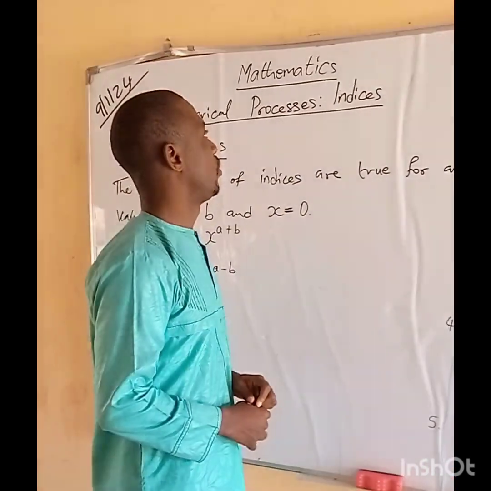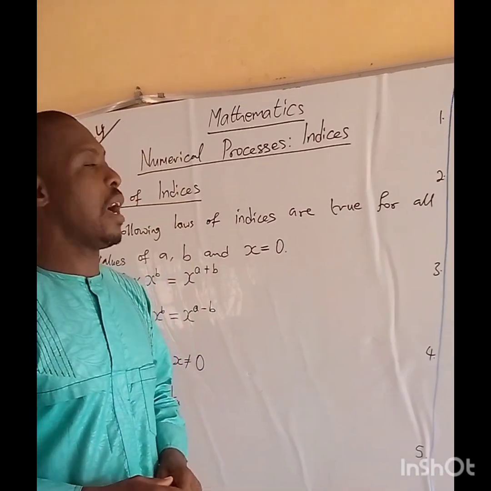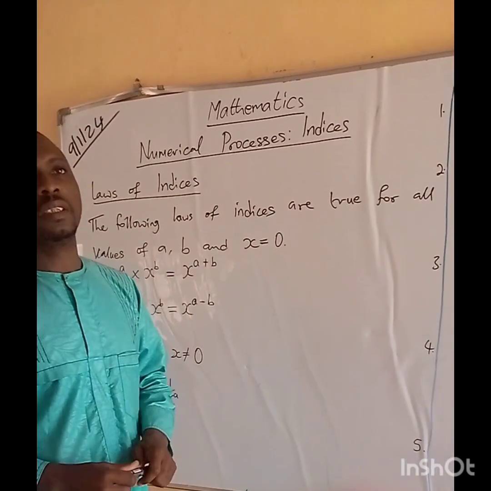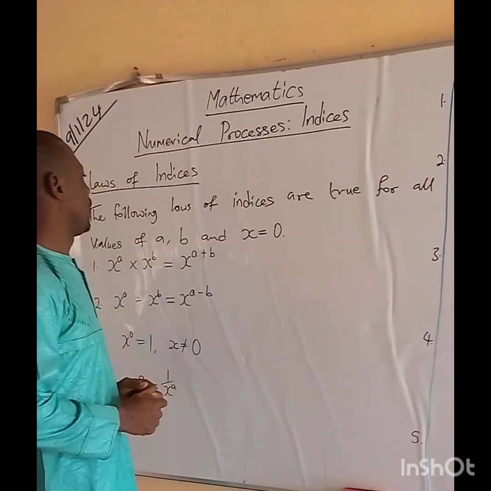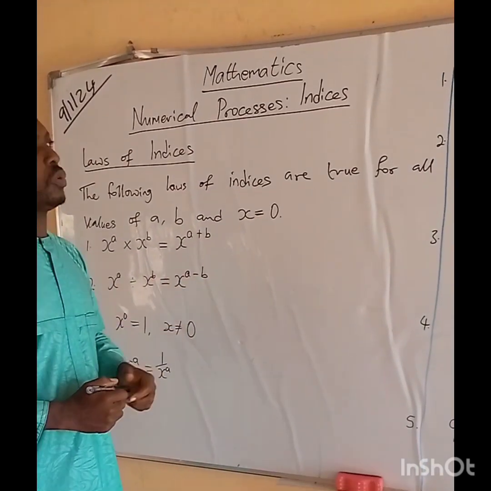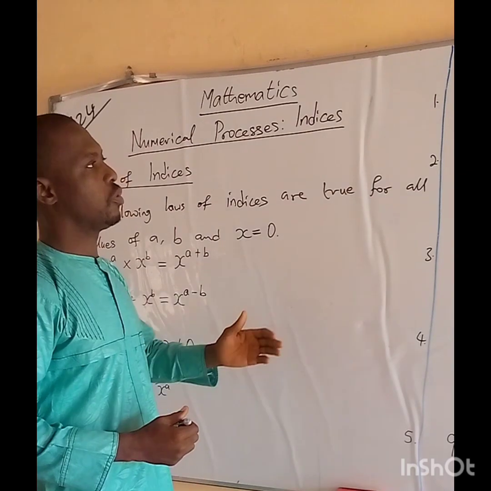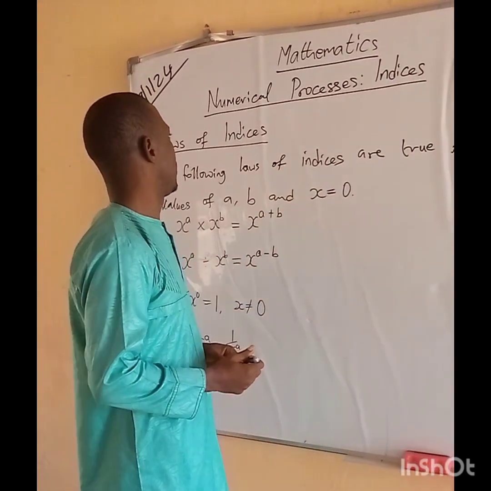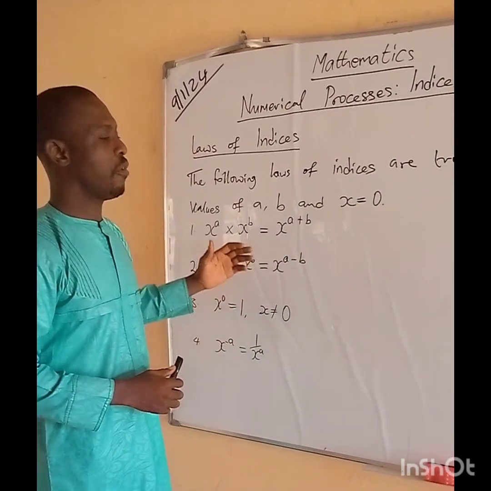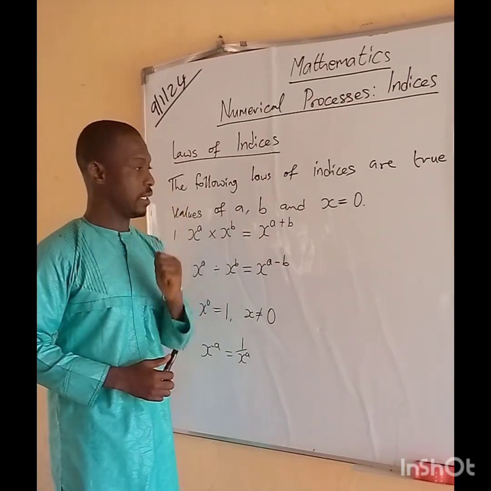In this episode, we'll be looking at numerical processes known as indices. And for us to be able to solve equations in indices, we must understand the four laws of indices.